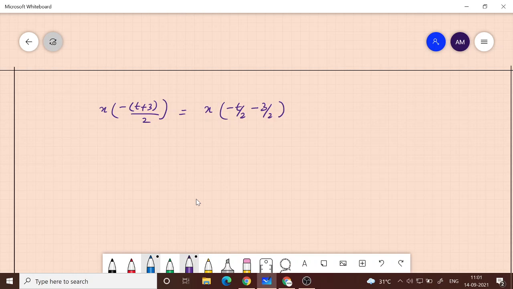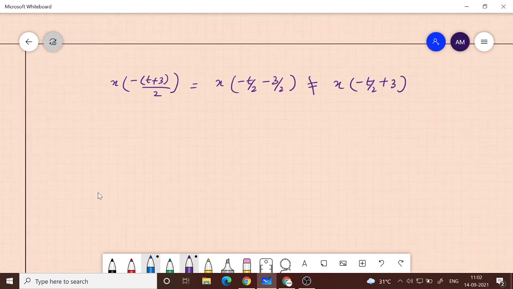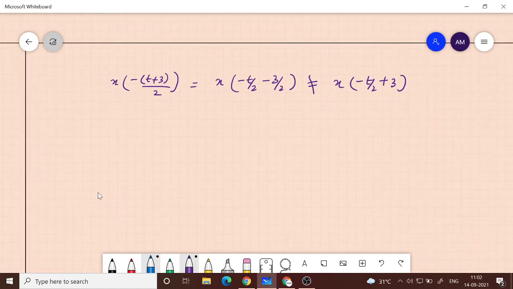But this is not what we want. This is not the same as x of minus t by 2 plus 3. Even the sign is different, and it will be a very different signal. But till before it was okay. What you said was okay. So what we need to do?